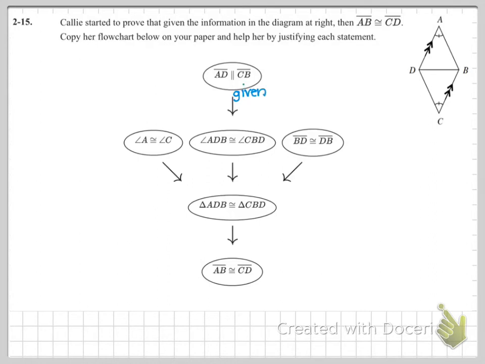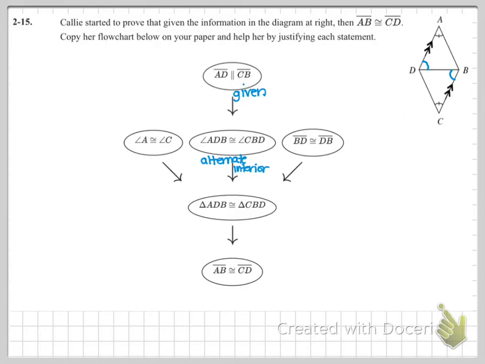That led to angle ADB, this angle here, and angle CBD, that angle there, being congruent to each other. But notice that wasn't marked in the picture before. That was something I just put in, so it wasn't given. Why could they say that? Well, I think those are alternate interior angles. So my reason for this one is going to be alternate interior.